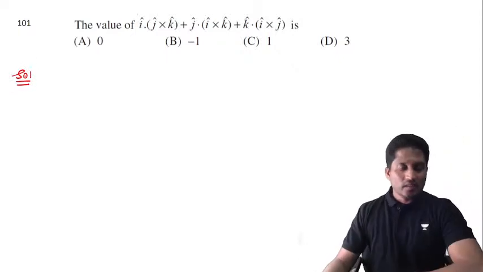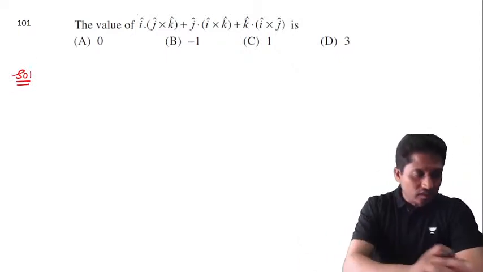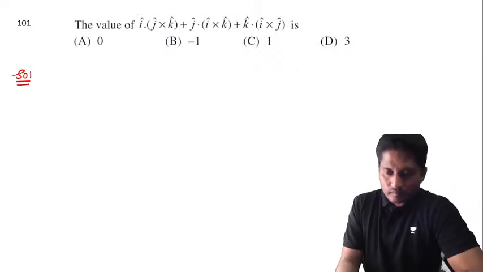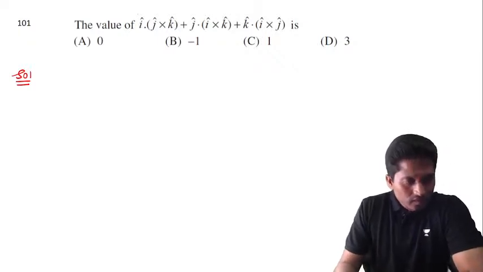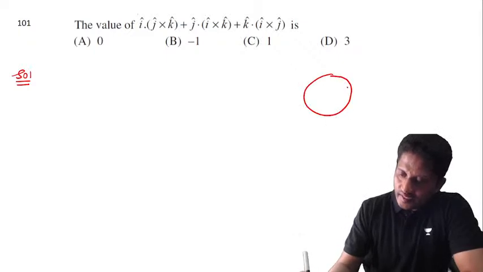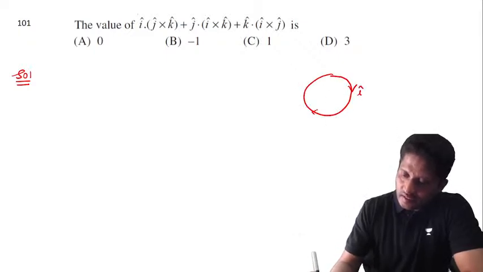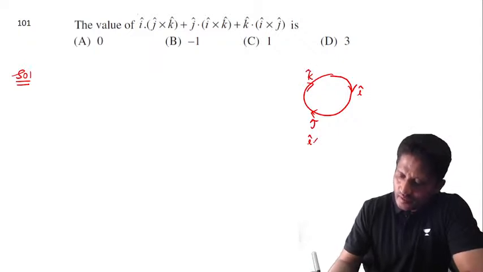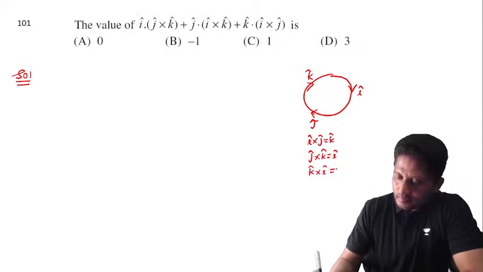All right, guys. Suppose I dot j cross k. If I take ijk in cyclic order, this is I, this is j, and this is k. If I take ijk in cyclic order, I cross j is equal to k, right? J cross k is equal to I, and k cross I is equal to j.